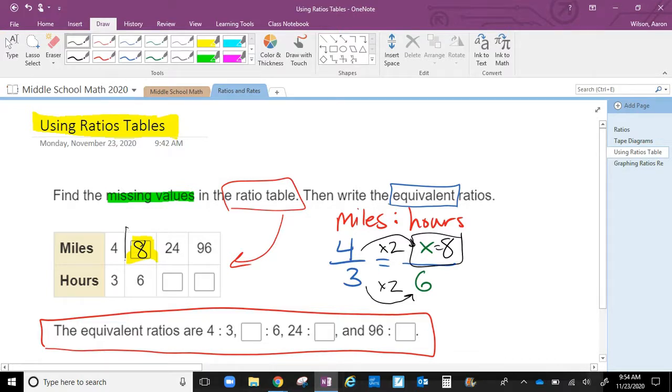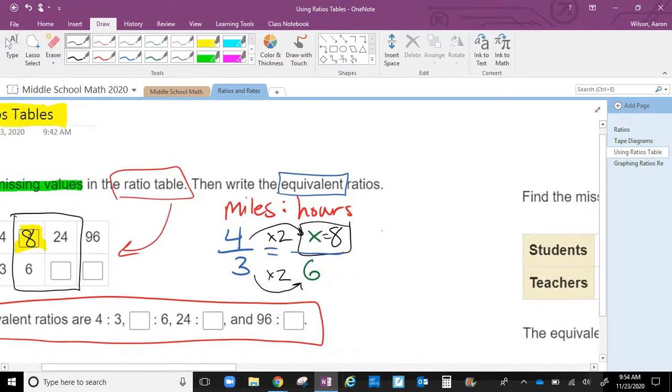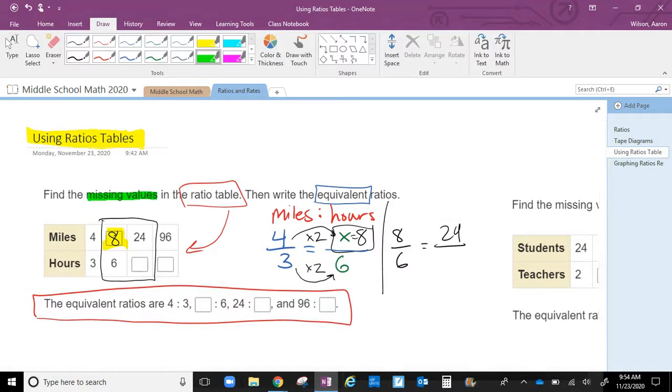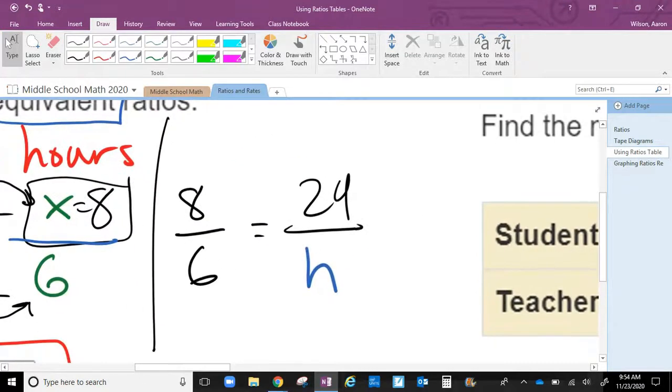Now let's look at this set of ratios. Now that we have those, that would be 8 over 6 is supposed to be equal to 24 over the unknown. And this time, the unknown that I'm going to use a better variable. That variable there has to stand for hours. So I'm going to use the letter H for hours. Now looking at this problem here, how do you go from 8 to 24?